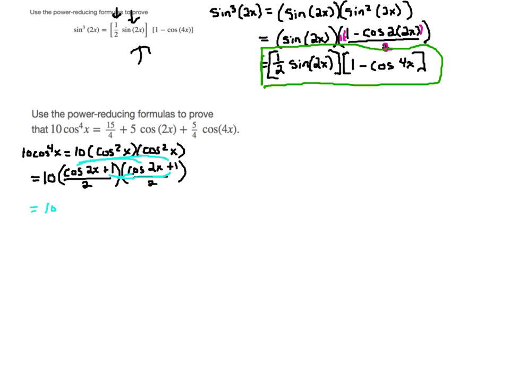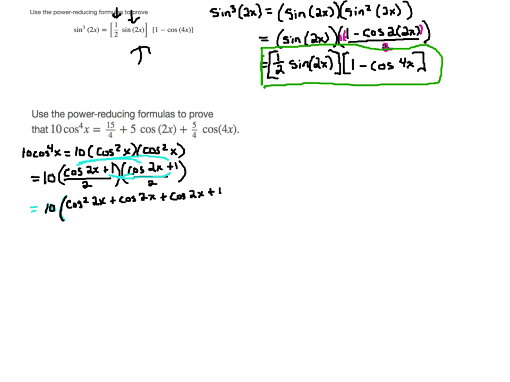So this is 10 times, oops, I didn't mean to still have my blue pen, 10 times, okay, cosine of 2x times cosine of 2x is cosine squared 2x. Cosine 2x times 1 is just positive cosine 2x. 1 times cosine 2x is positive cosine 2x.